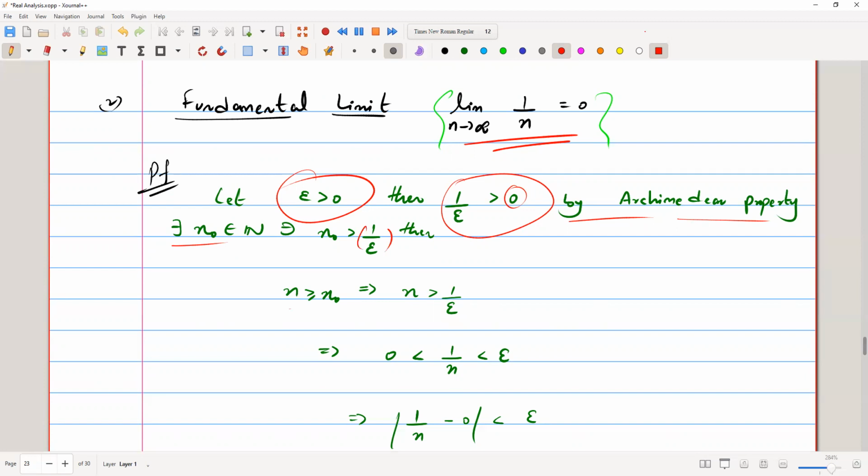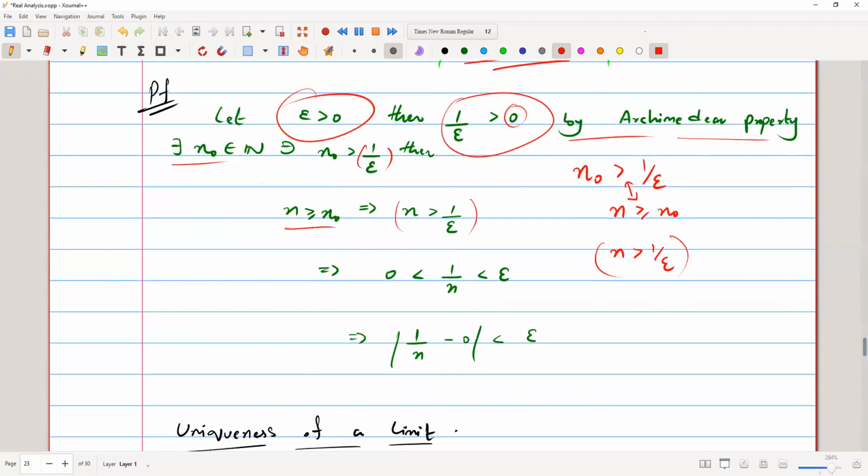So n greater than or equal to n naught implies that n is greater than 1 over epsilon, because we said that n naught is greater than 1 over epsilon, and by definition n is greater than or equal to n naught. So by these two inequalities, we can say that n is greater than 1 over epsilon, by the properties we already learned.